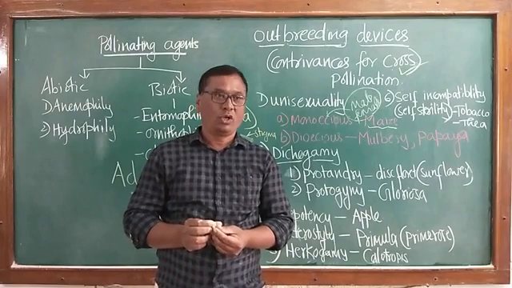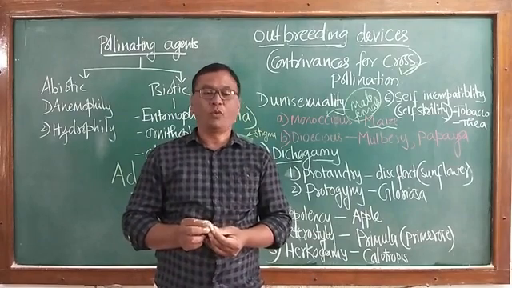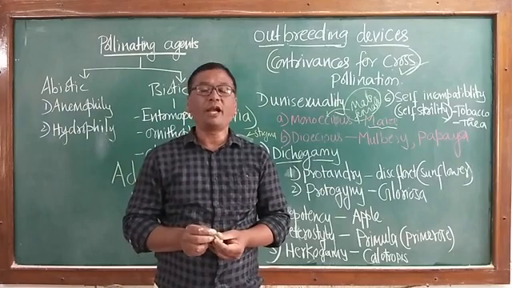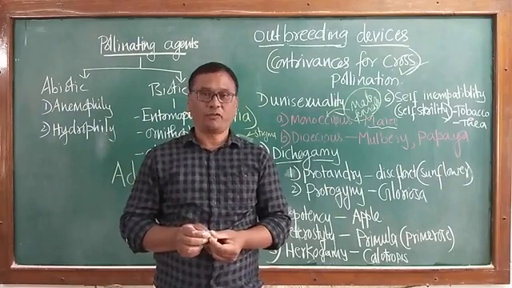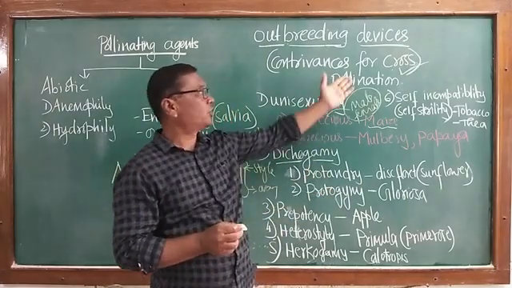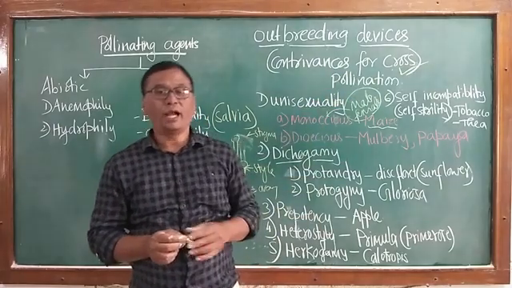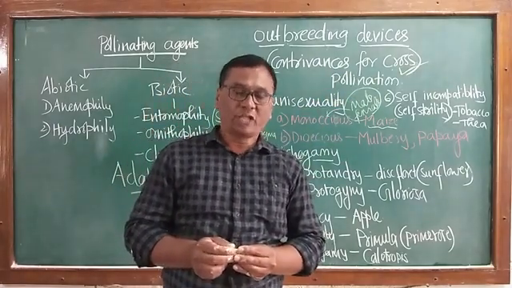These also favor only one kind of pollination and avoid the other kind of pollination. Here they favor only cross-pollination and they avoid self-pollination.